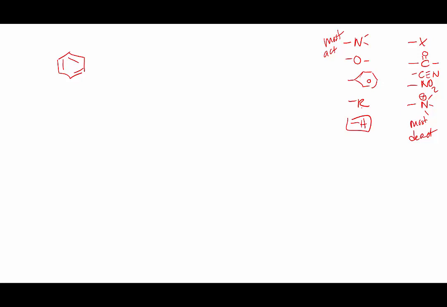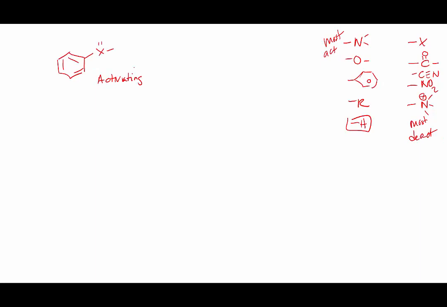So if I take a look at my activating groups, one of the things I can do is say, well, the generic form of an activating group is an atom with a lone pair attached to it, like oxygen and nitrogen. Now, the benzene ring and the R group we'll have to deal with.